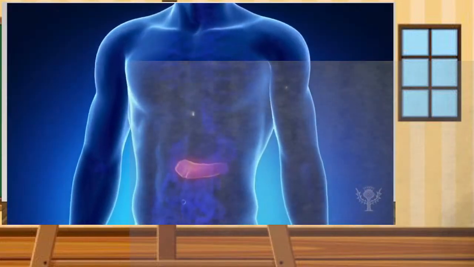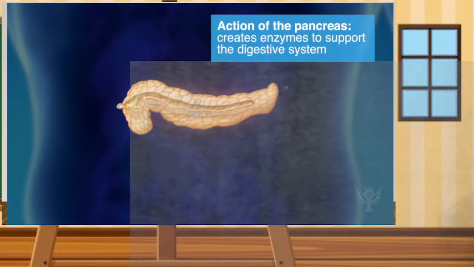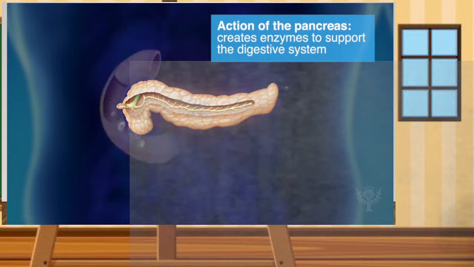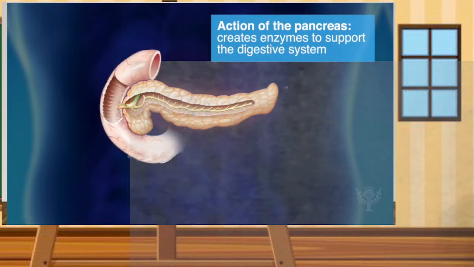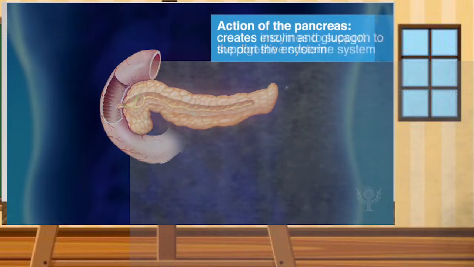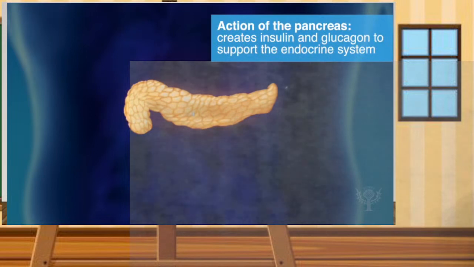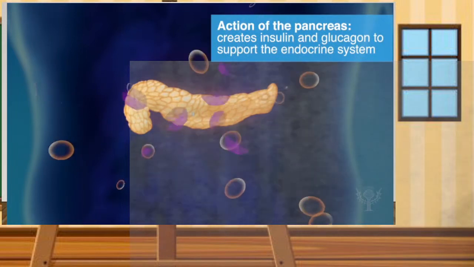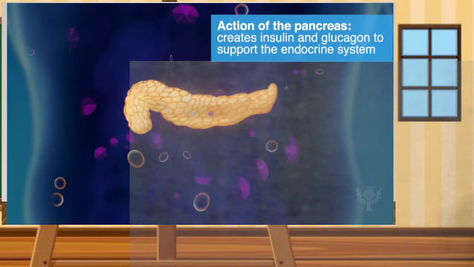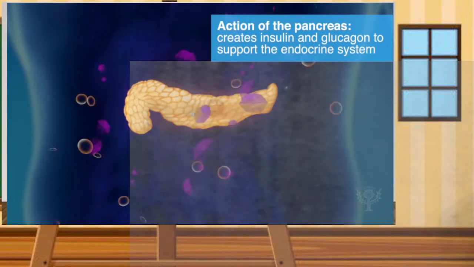For example, the pancreas serves both the digestive system and the endocrine system. In the digestive system, the pancreas helps break down food into nutrients by secreting enzymes into the small intestine to digest fats, starches, and proteins. As part of the endocrine system, the pancreas produces two kinds of hormones, insulin and glucagon, to regulate the amount of glucose or sugar in the blood.